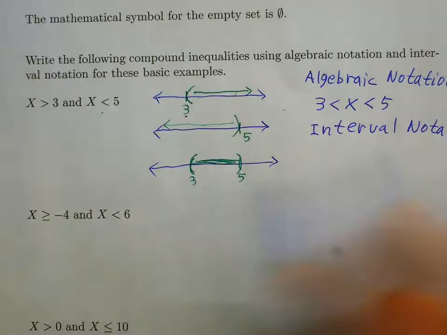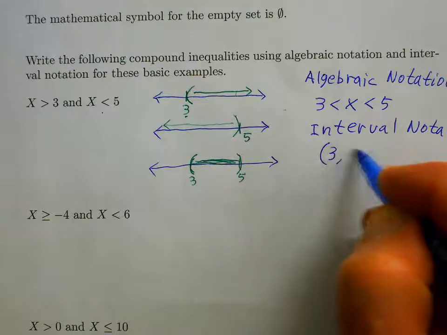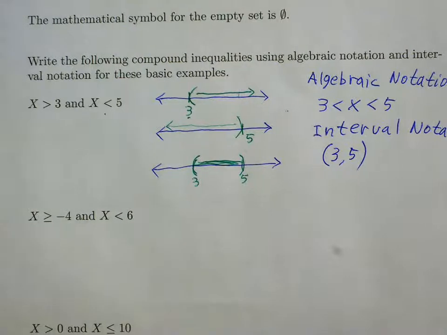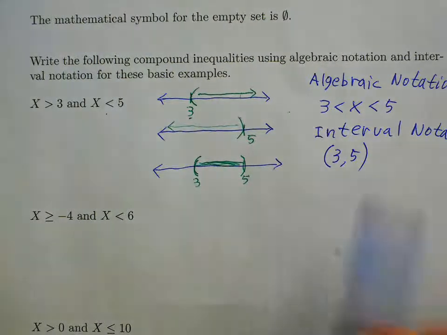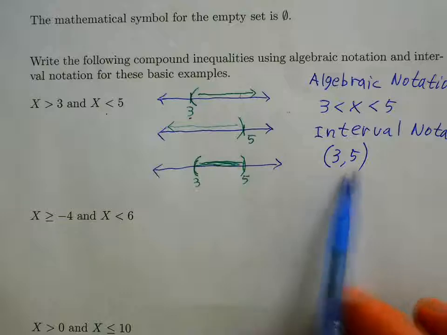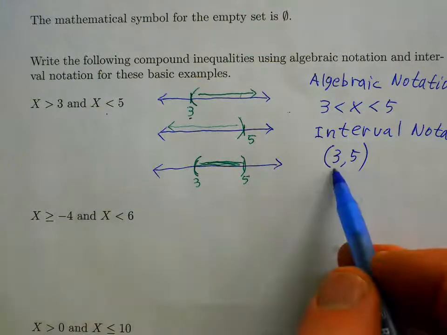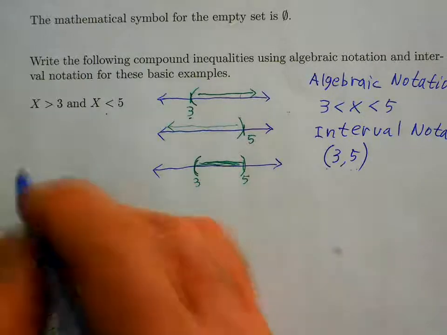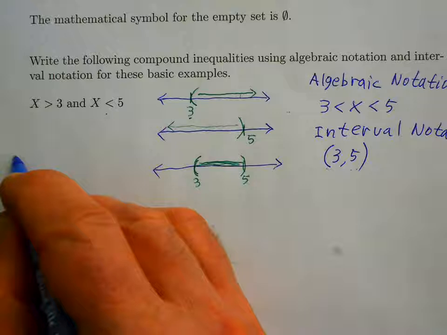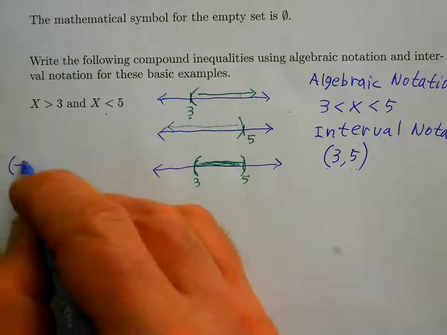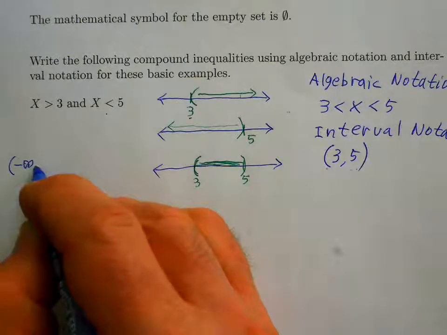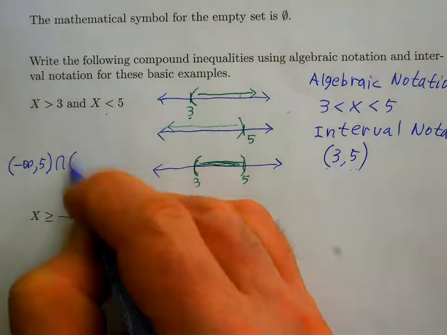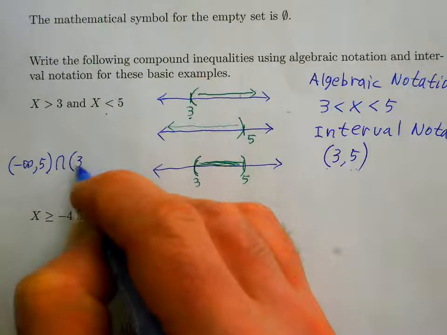The interval notation is parenthesis 3 comma 5 parenthesis. It is true that the interval from 3 to 5, excluding the endpoints, is the intersection of negative infinity to 5 intersected with the interval from 3 to infinity.